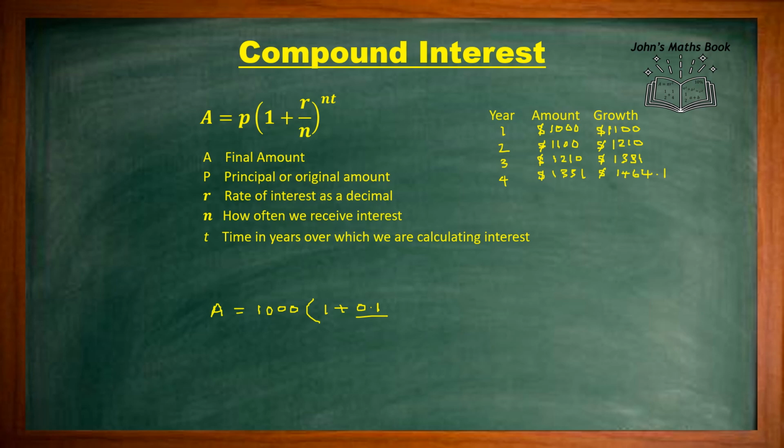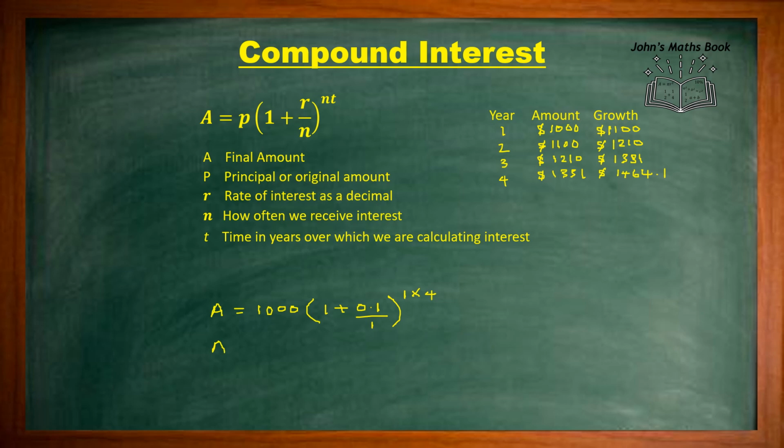We received it once per year, so N is 1, and that's all to the power of N, which is 1, multiplied by T, the time in years over which we're calculating the interest. In our case, it's 4.